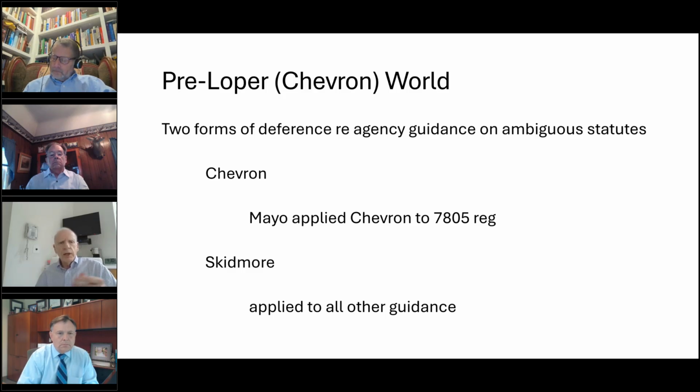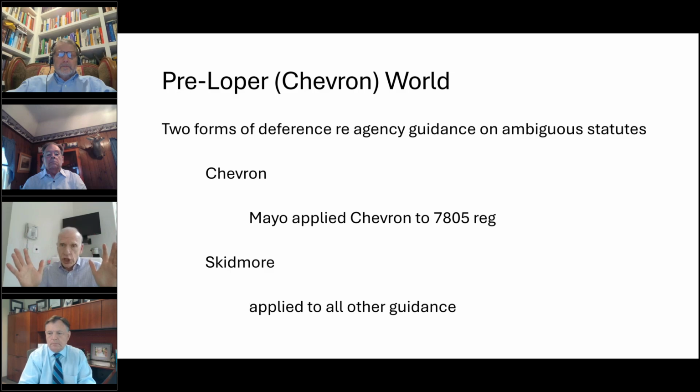As I said before, Chevron was applied by the Supreme Court in tax cases in the Mayo case. Notice, and if we have time I'm going to pick up on this later, that in Mayo the Supreme Court upheld the regulation under Chevron.